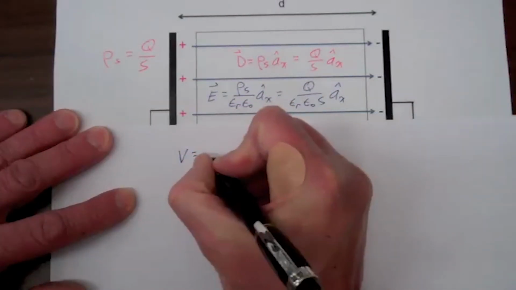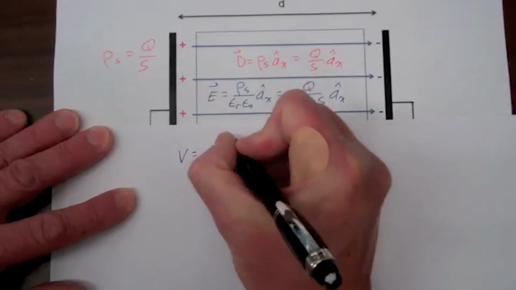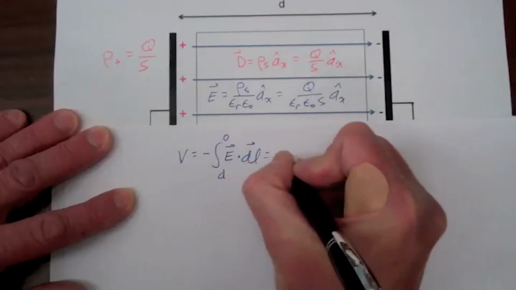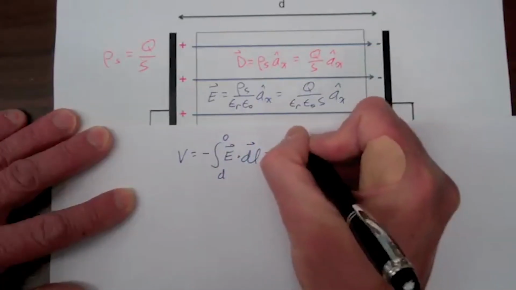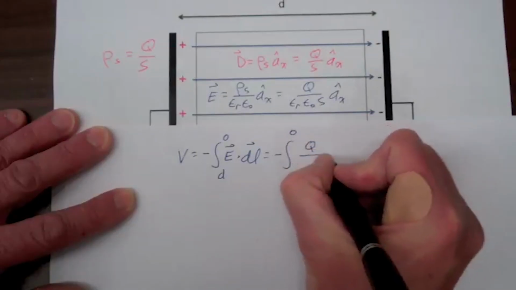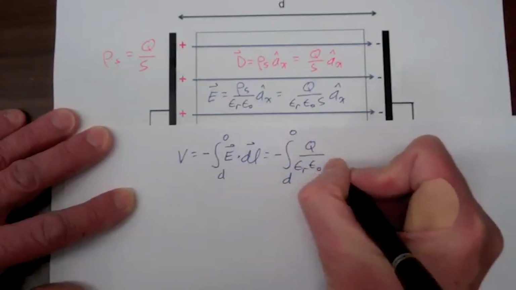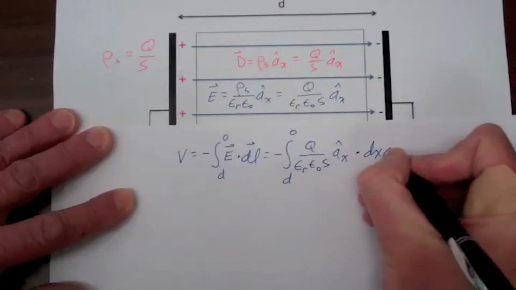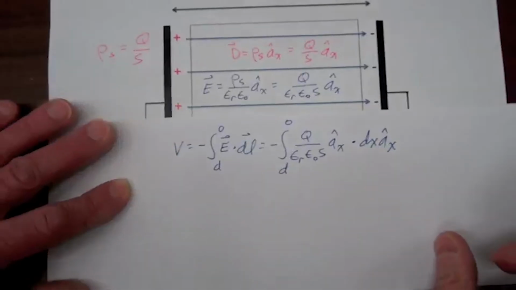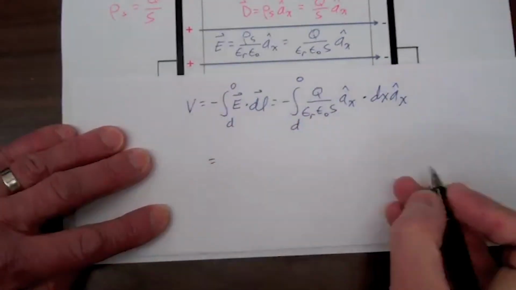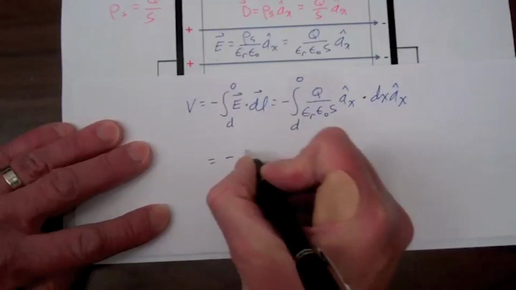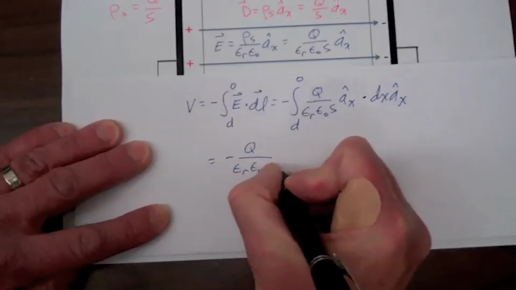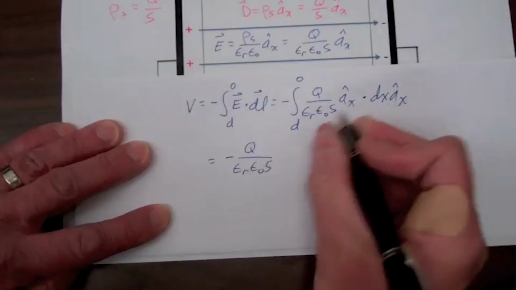is going to equal minus the integral from d to 0 of E dot dl, or minus the integral from d to 0 of our electric field, which is Q over epsilon sub r epsilon sub 0 S in the x direction, dotted with dx in the x direction. So that's equal to minus Q over epsilon sub r epsilon sub 0 S. a_x dot a_x is 1.